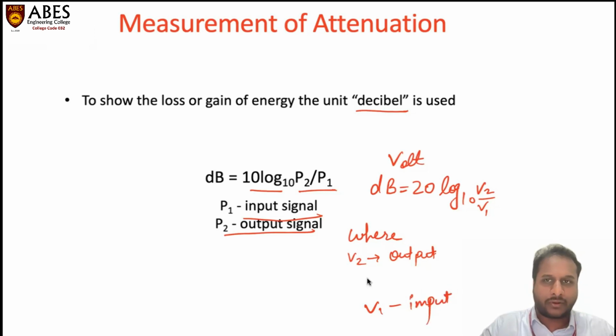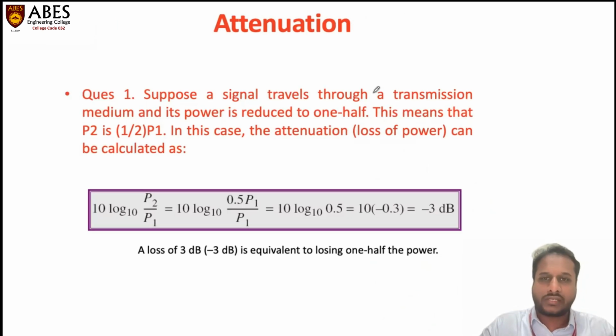So let's see one example of the same. Suppose a signal travels through a transmission medium and its power is reduced to one half. It means at the receiver side we get just half of what we intended at the beginning. This means that P2 is 1 by 2 P1. In this case, find out the attenuation. As we have discussed, the unit to count the loss of energy is decibel.